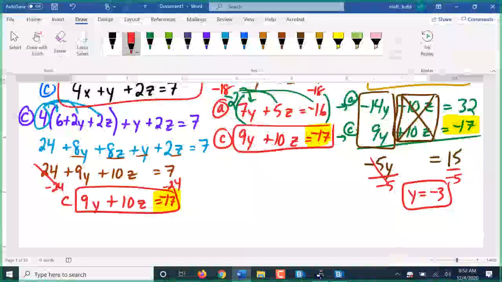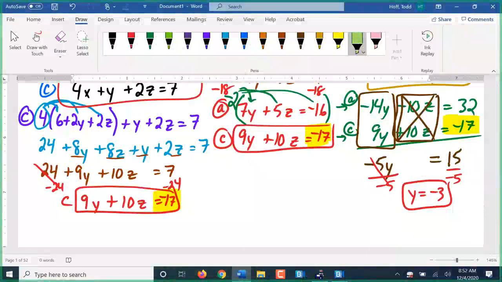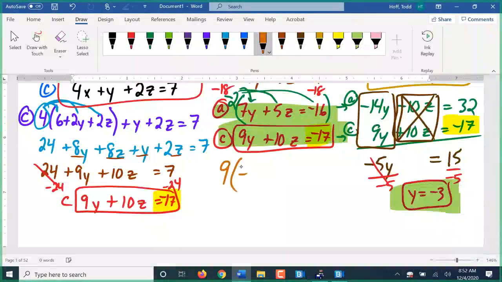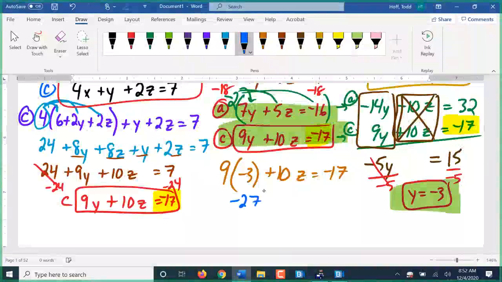Now, next, remember, once we get that first solution, we take it back to our two-variable system, and we solve for the other variable that was in that system. So I'm going to put it in here for y. 9 times, instead of y, I'll put in -3, plus 10z equals -17. 9 times -3 is a -27.